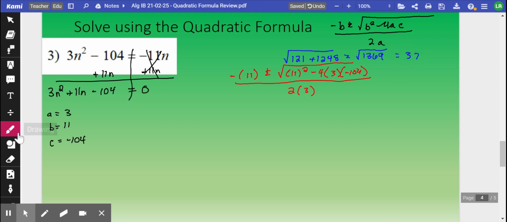37. Okay, so let's go ahead and break this up. So I have negative 11 plus the 37 divided by 6 and negative 11 minus the 37 divided by 6. So negative 11 plus 37 is 26. 26 divided by 6 is 4.3 repeating.